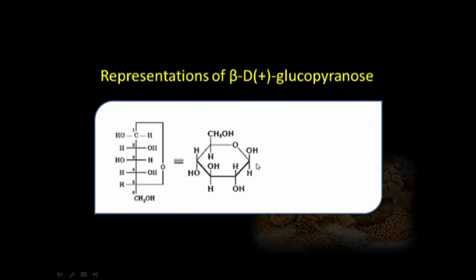In the Haworth projection this will be going upward, and in the conformation this will be occupying this equatorial position. So, this way we can represent glucose or any other monosaccharide in different ways. This is a planar cyclic structure, this is the Haworth projection, and this represents the exact conformation for this molecule.